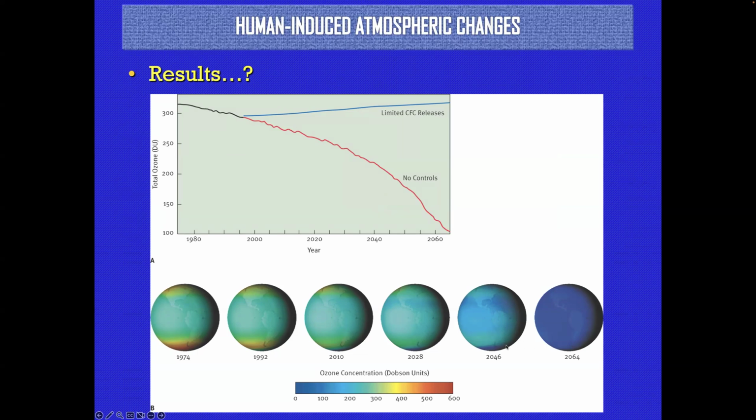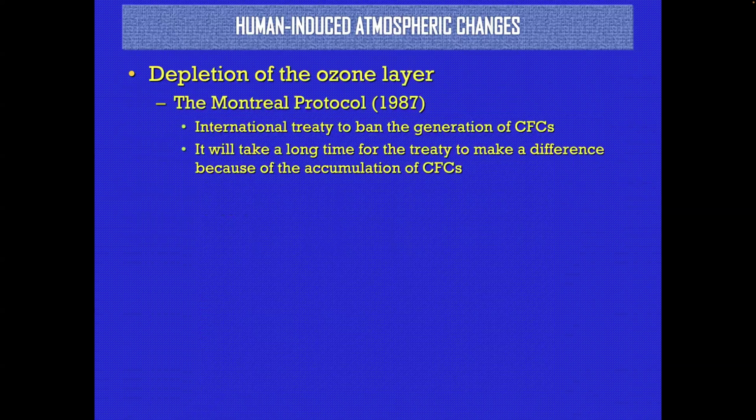And that's actually a good thing. We actually did make a concerted effort worldwide to do away with those chemicals. And as a result, ozone is beginning to sort of rebound. Again, the Montreal Protocol was adopted in 1987. And by the mid-1990s, everything had been either banned or people stopped using it.